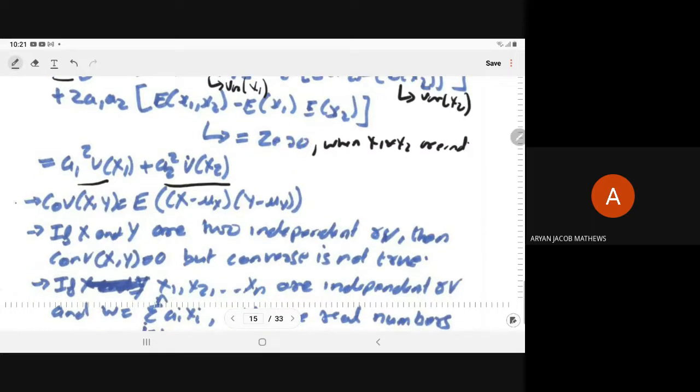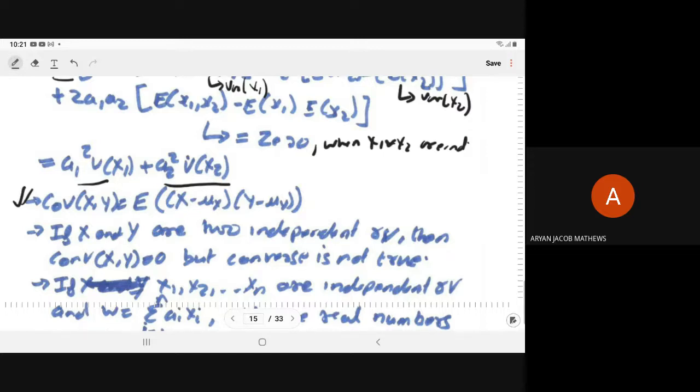we have another important term, covariance. Covariance measures the relation between more than one variable. So if you have to compute the covariance of x and y, we are interested in computing the expectation of (x minus mu x) into (y minus mu y). From here you can make one conclusion. If x and y are two independent random variables, then covariance will be zero.